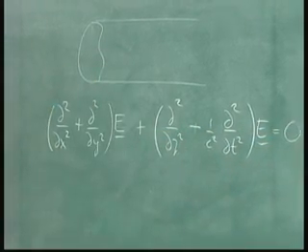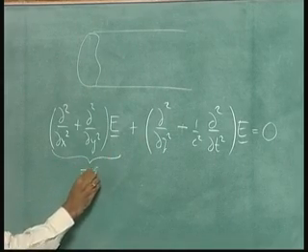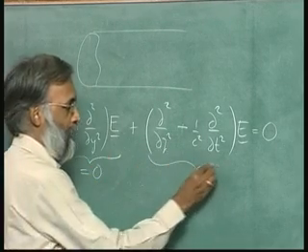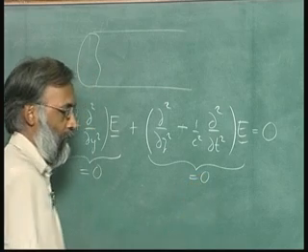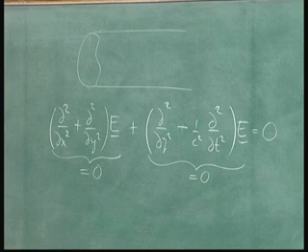That is to say, this portion by itself is equal to 0 and this portion by itself is also equal to 0. If we could do this, then there are several benefits.